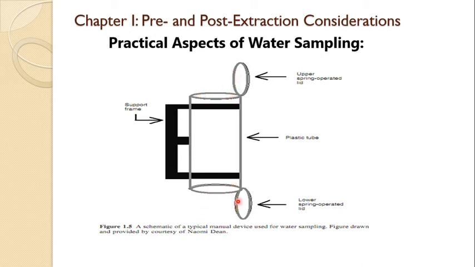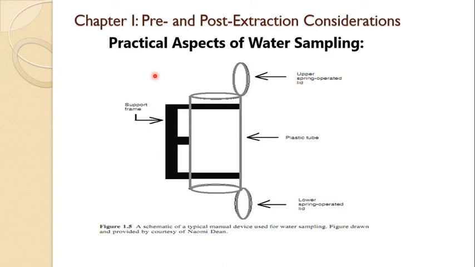When you dip it in the water, the ends are first closed. Using the supporting frame, we insert the device into the water. After that, the two ends open and water enters from the upper and lower sides, then the ends are closed and the sample is collected.